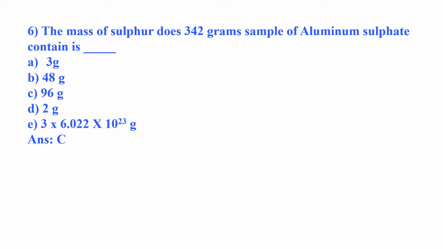Then here, calculate the mass of sulphur in aluminium sulphate. Aluminium sulphate formula is Al2(SO4)3.